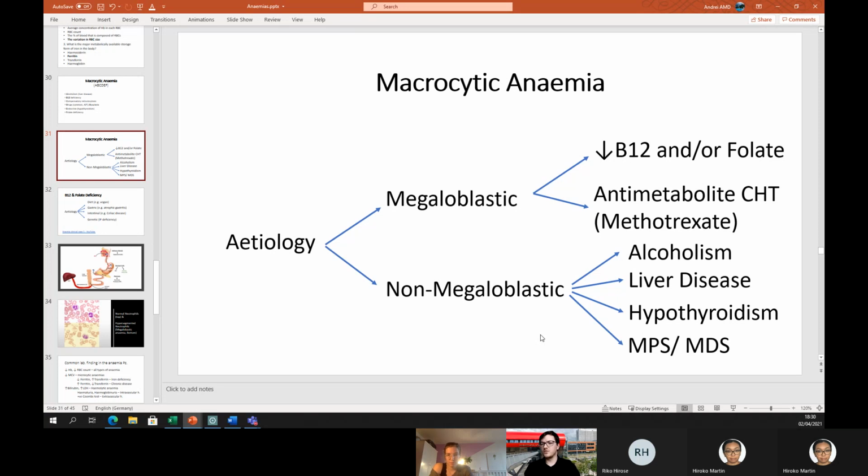And the question is, are we going to continue giving antimetabolites? Are we going to switch to a different drug? It's rather up to discussion, because it's very individual. But basically, you can use packed red blood cells in a transfusion. It's just very basic knowledge that I have there.